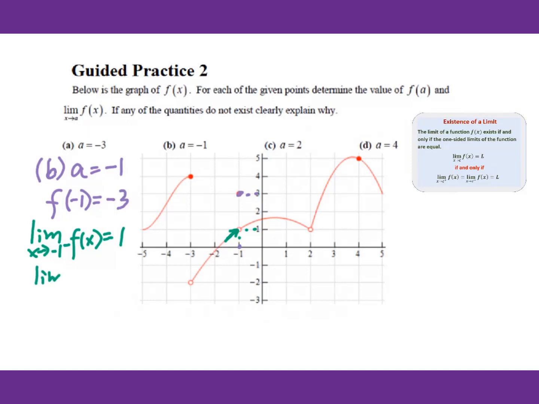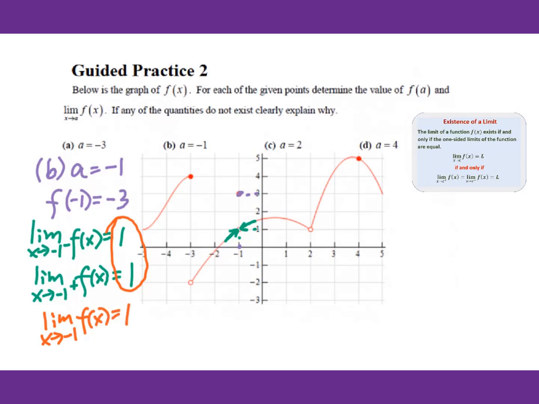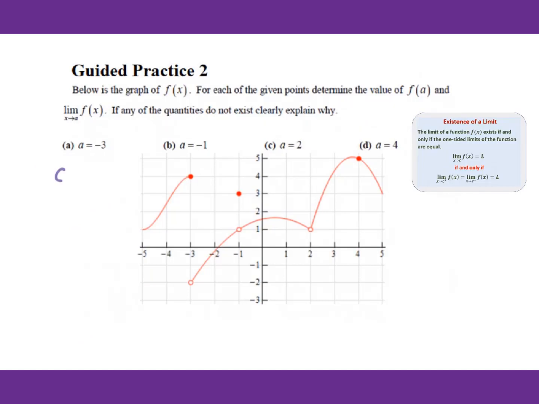For the limit as x approaches negative 1 from the right side, it still gets 1. Since these two are equal to each other, the limit as x approaches negative 1 of f(x) equals 1.